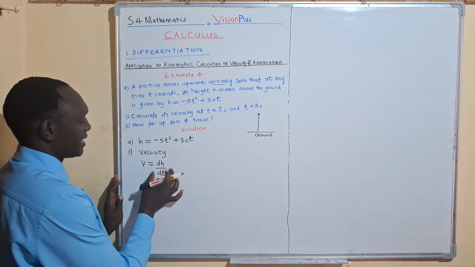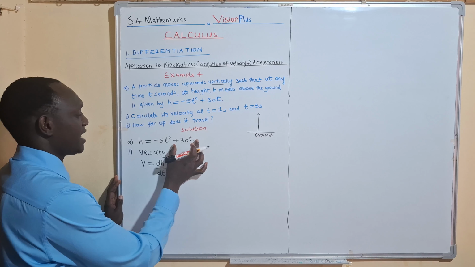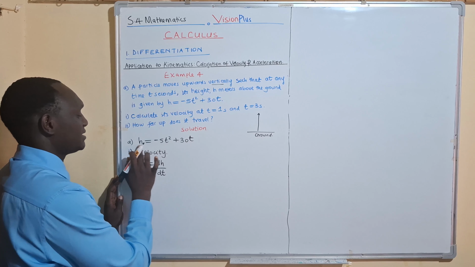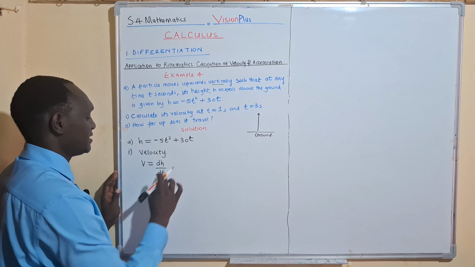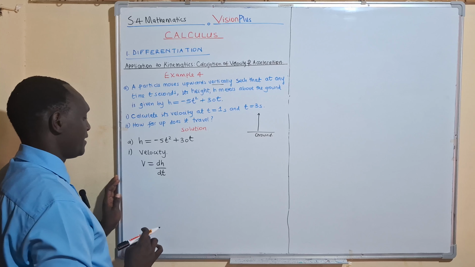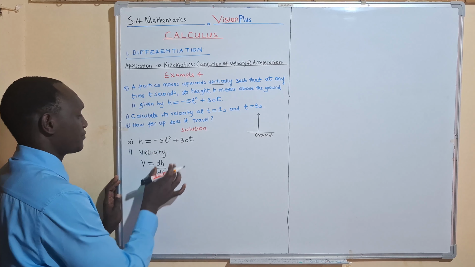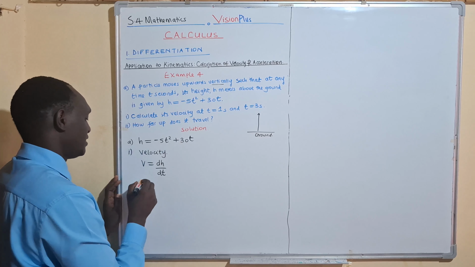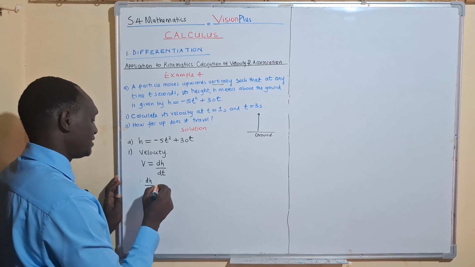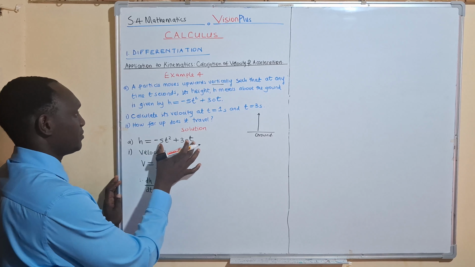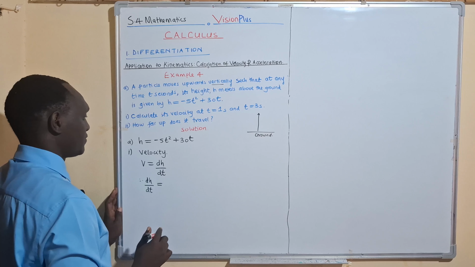This is the rate of change of height. In other words, it is how fast the height changes with change in time. So velocity in this case is the rate of change of height. That means we need to get dh/dt. Therefore, for dh/dt we simply differentiate the expression for the height above the ground.